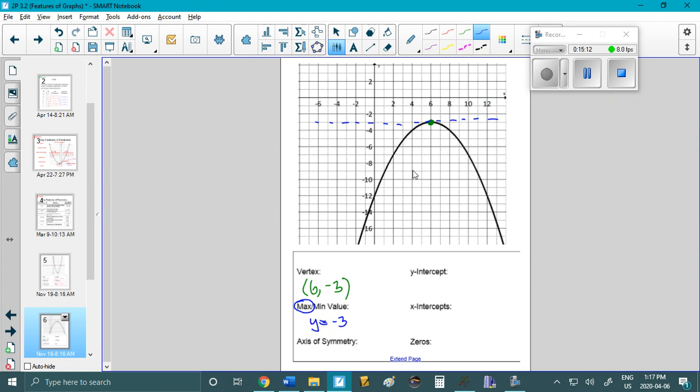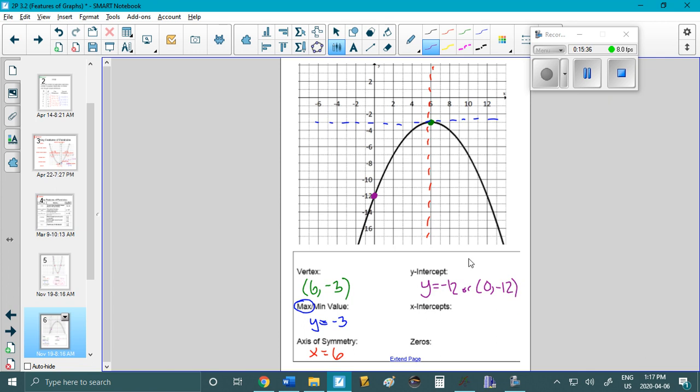This problem never goes above -3. For the axis of symmetry, we draw the dotted line through the vertex the best I can, and that's going to be x equals 6. The y-intercept is right here, and it's y equals -12, or I would write 0, -12.